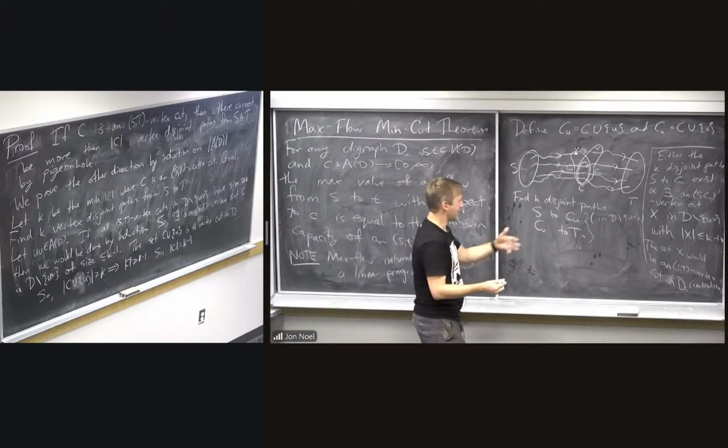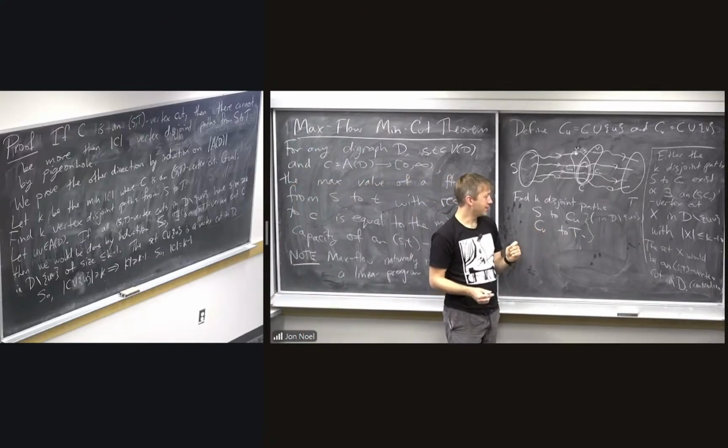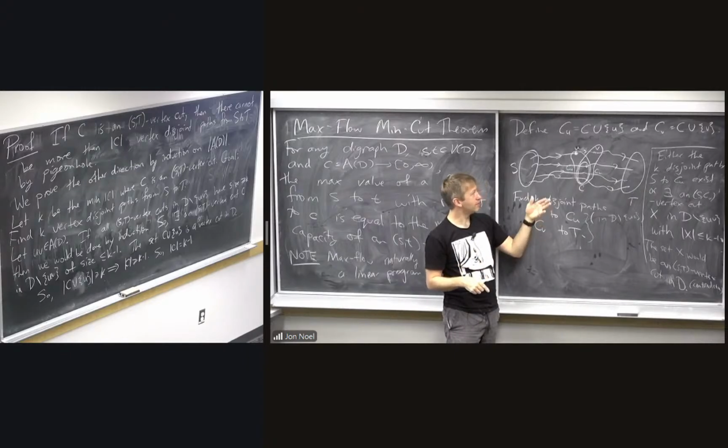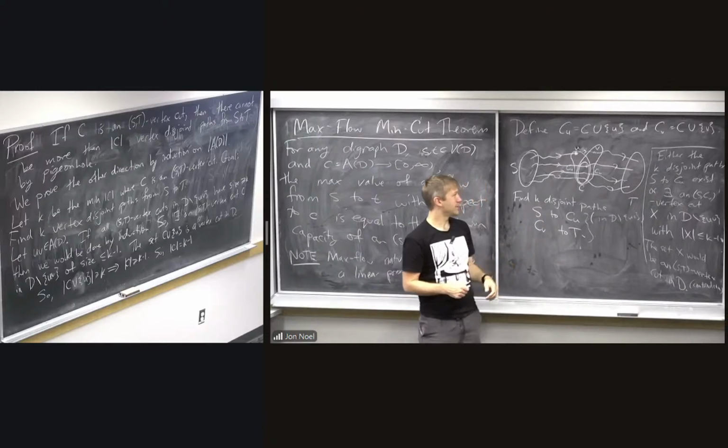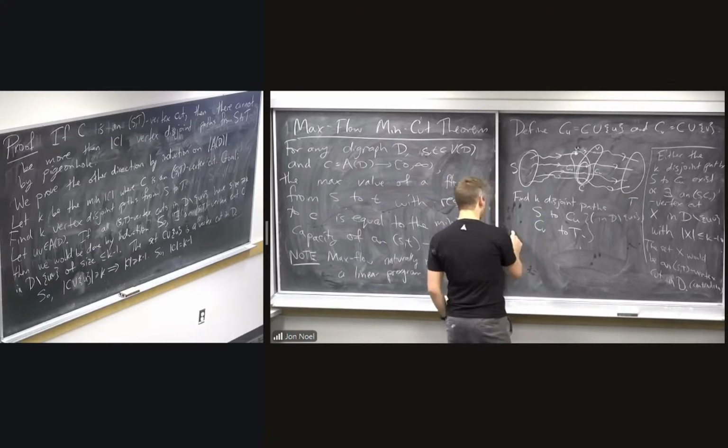Anyway, and then similarly, you've got these paths from Cv to T. Now, I guess the key thing we need to notice is that these paths are not going to intersect each other. Can you see why that's not going to be the case?